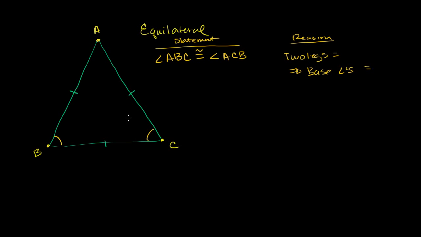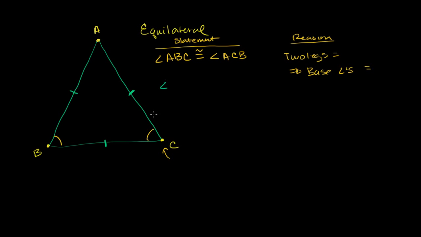But we could also view this triangle the other way. We could say that maybe this angle over here is the vertex angle, and these two are the base angles. Because then this side and this side are congruent to each other, and that angle and that angle are going to be base angles.